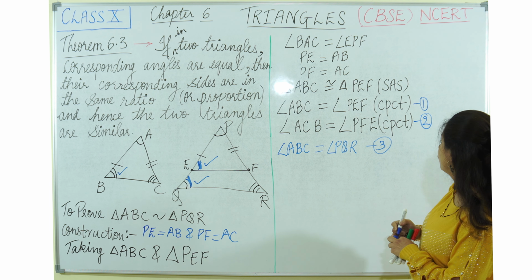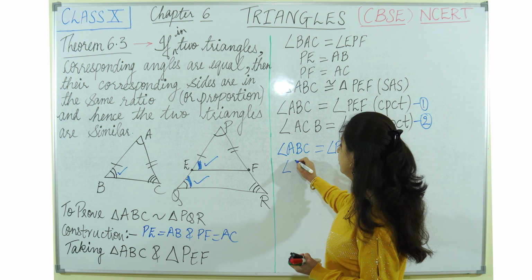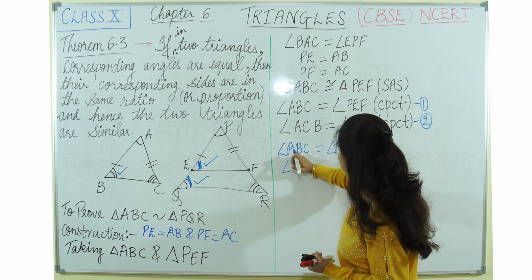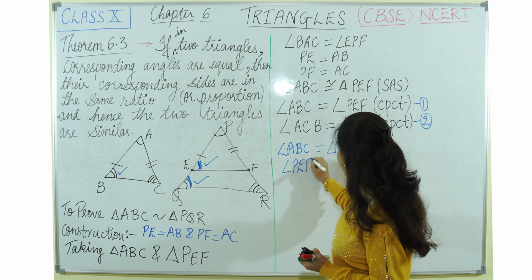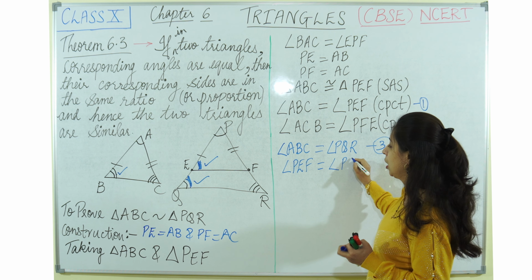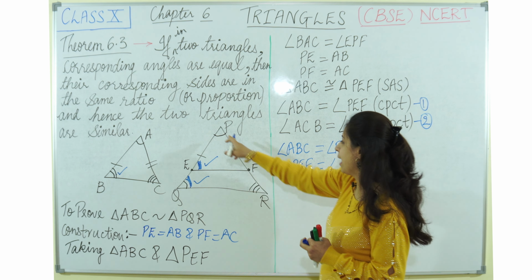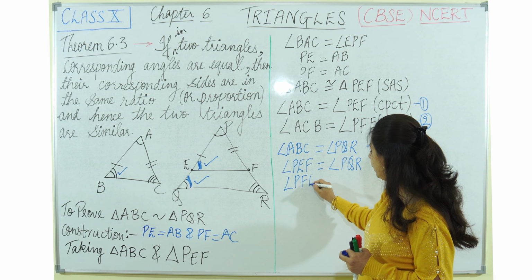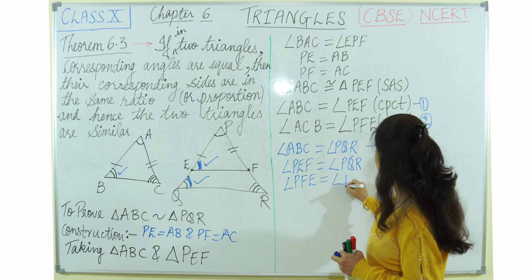from first and third, since angle ABC is common in both, we can say angle PEF is equal to angle PQR. Also we can say that angle PFE is equal to angle PRQ.